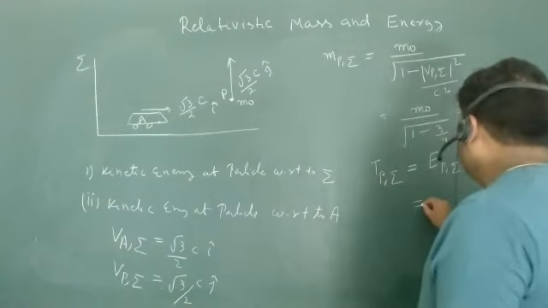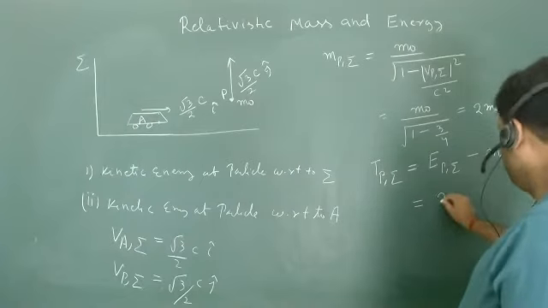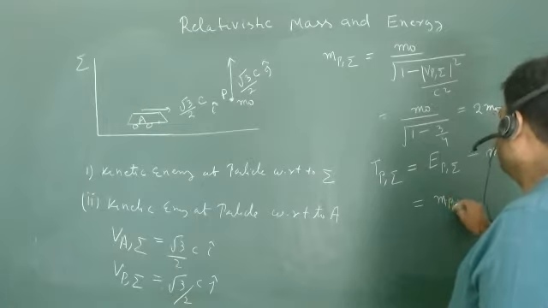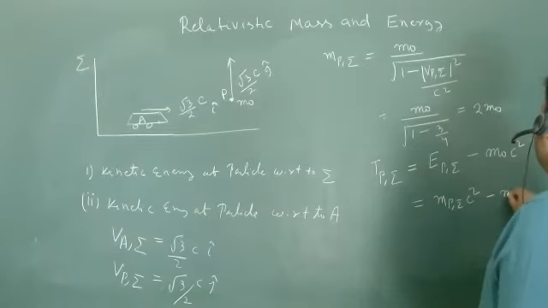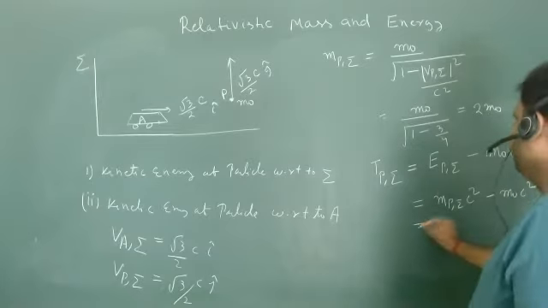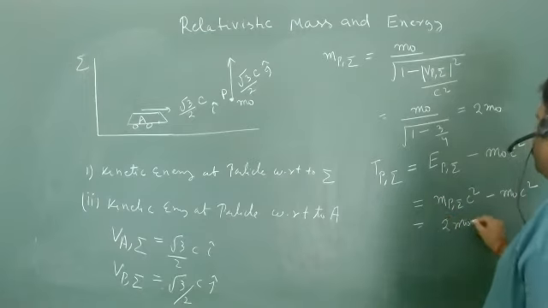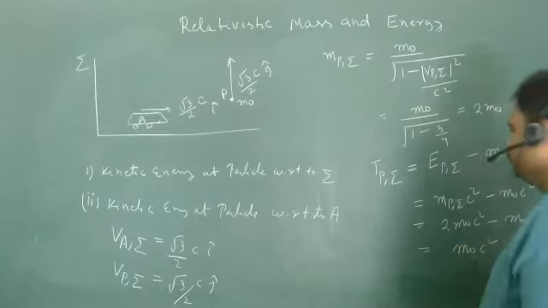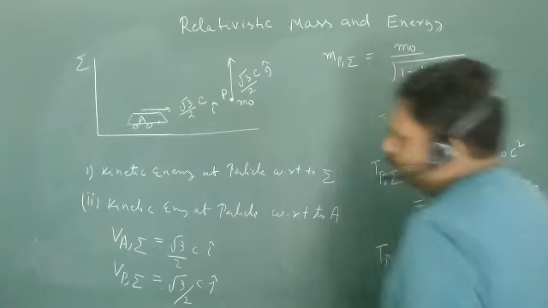So you can write it as the mass of the particle with respect to sigma into c square minus m naught c square. I have calculated this value in terms of m naught: 2m naught c square minus m naught c square, and that value is m naught c square. So the kinetic energy of the particle with respect to sigma is m naught c square.